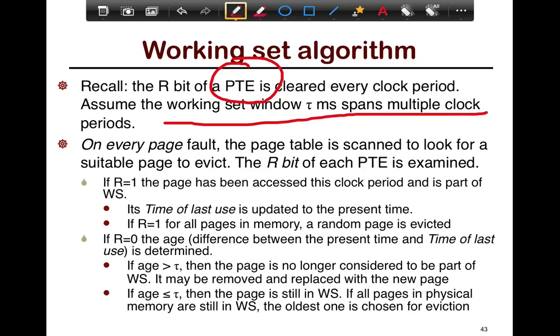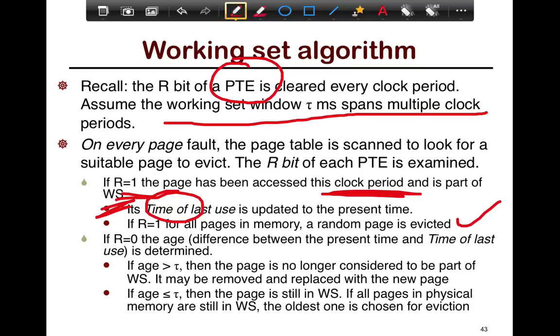On every page fault, the page table is scanned to look for a suitable page to evict, and we look at the reference bit. If the reference bit has been set in this last clock period, it's part of the working set. We update the time of use to the current time, and we proceed. If the reference bit is set for all pages in memory, then we pick a random page. This is a corner case.